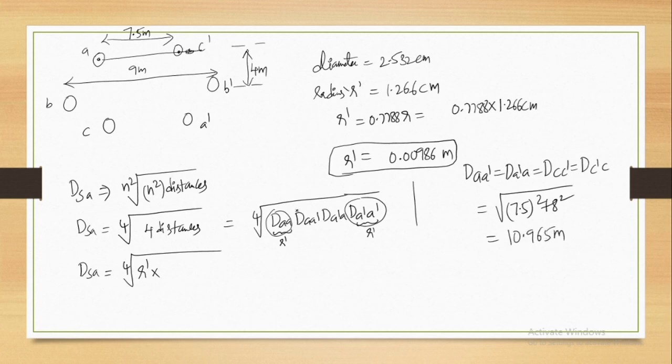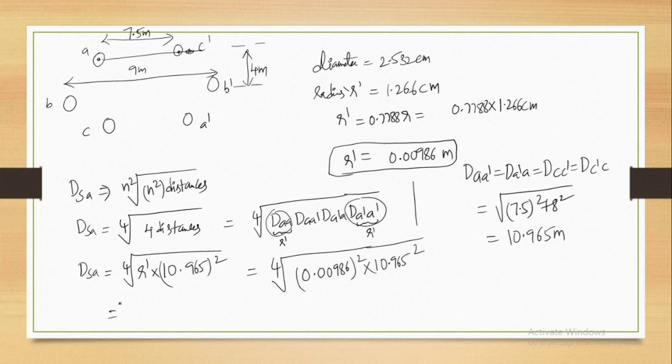So here also we got that distance, dA to A dash distance and A dash to A distance. Both are same. It is 10.965 whole square because there are two distances. Now it is fourth root of, what is R dash? 0.00986 whole square into 10.965 whole square.